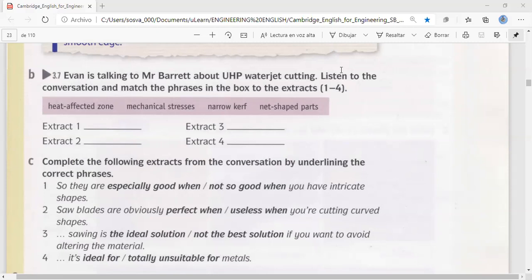The other problem with abrasive cutting is it exerts shear forces near the cut. So, sawing is not the best solution if you want to avoid altering the material. The same applies to guillotining, presumably. It does, yes. 4. It's amazing to think that a water jet can cut through steel.